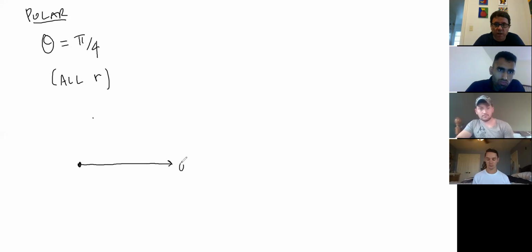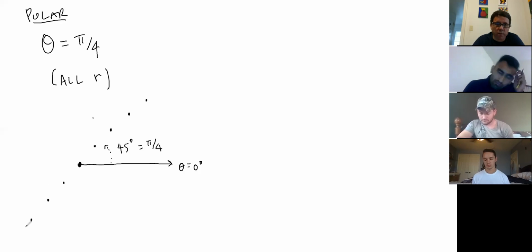Again, I'm going to draw theta equals 0, just the polar axis, and not x and y yet. Theta equals pi over 4, I rotate 45 degrees. And then I pick every single r along that angle. So this is r equals 0, r equals 1, r equals 2, r equals 3. And then back the other direction, r equals -1, r equals -2.